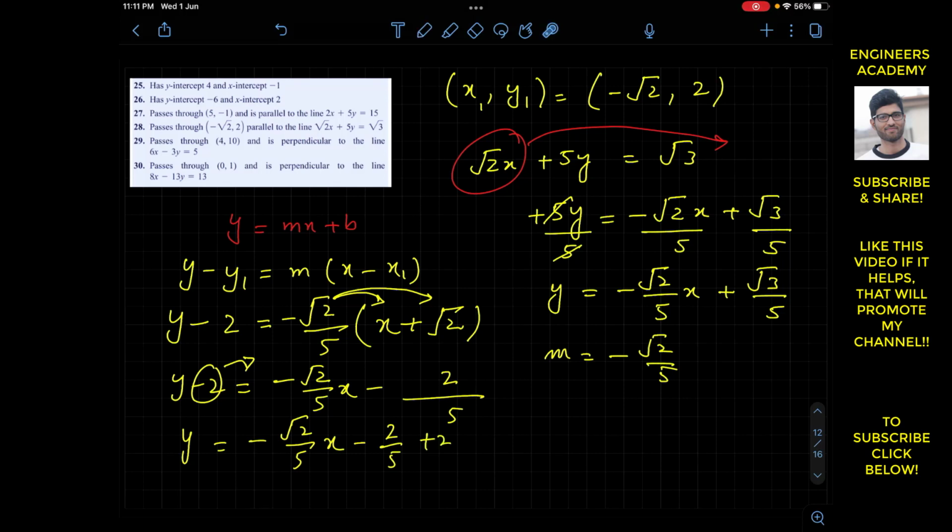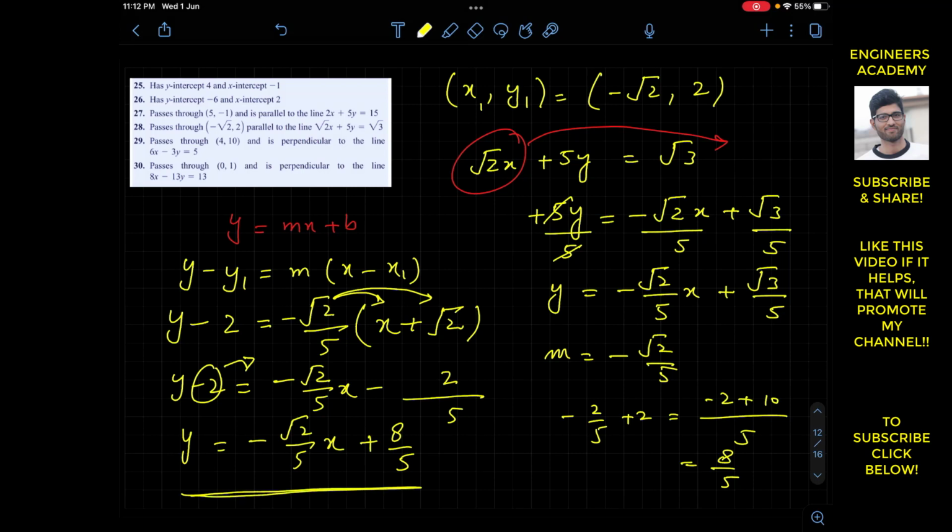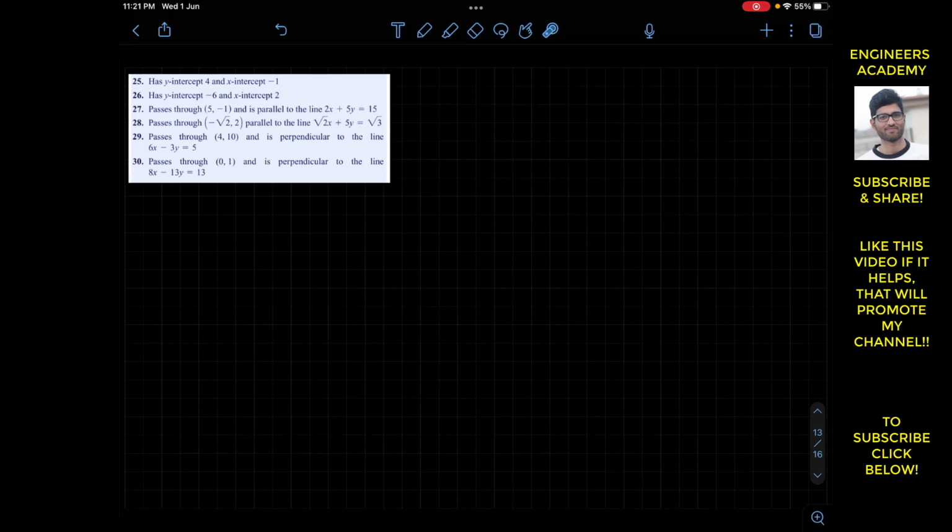Now if we add these, -2/5 + 2, you can take 5 as the LCM, so this will be (-2 + 10)/5, which gives us 8/5. So we can write plus 8/5. This is the equation of the line which is parallel to this given line and which passes through this particular point.